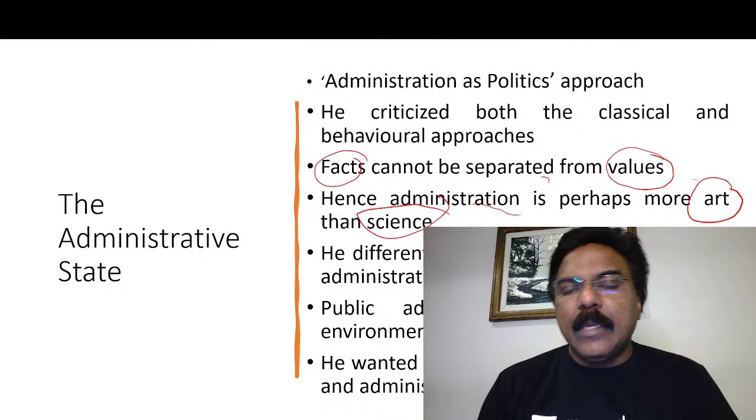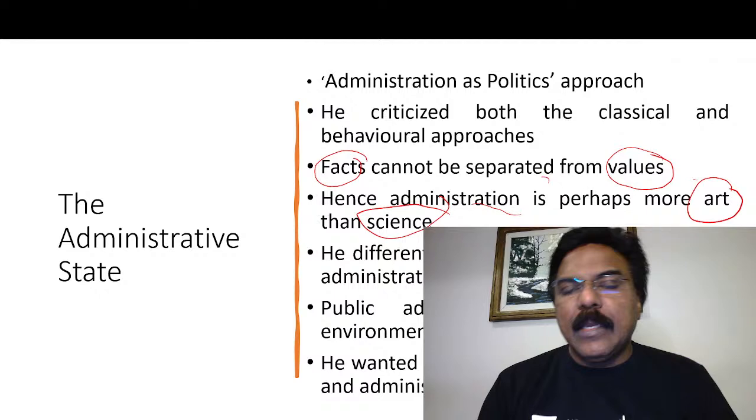Wilson wanted public administration to be a separate domain, a separate discipline, right? So he wanted to prove the usefulness and relevance of political theory itself, being a political scientist. But he went to Italy as a bureaucrat. That's the time when his empathy started. He started empathizing with the bureaucrats.